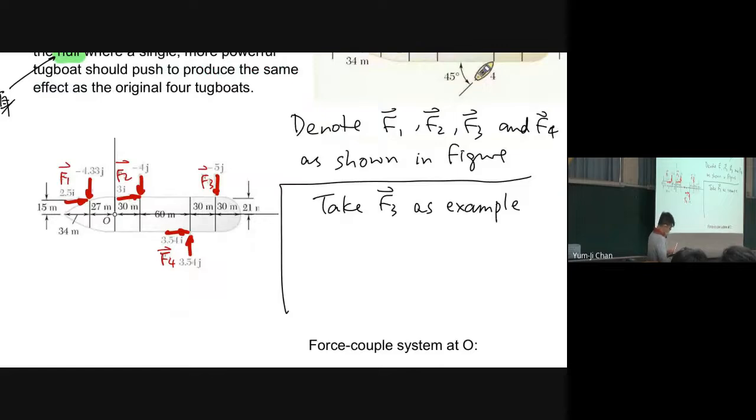F3 acts on the, let me draw here, we have X and Y axes here.